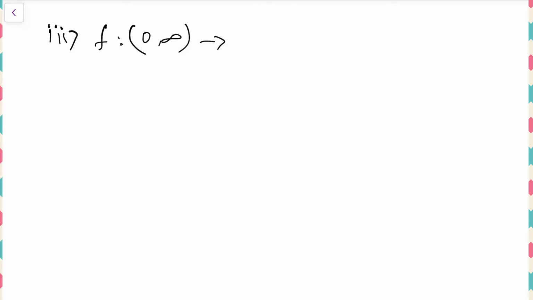Next, look at the third question. F is a function from (0, infinity) to R, and the function is defined as f of x is equal to log x base e. First let us discuss whether it is one-one or not.